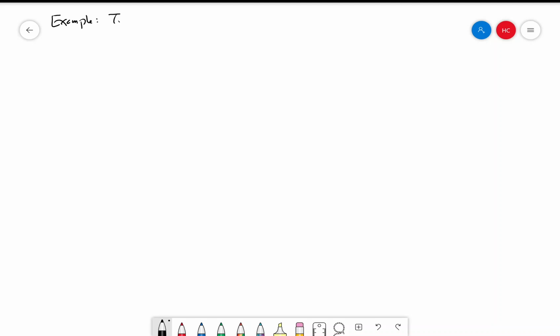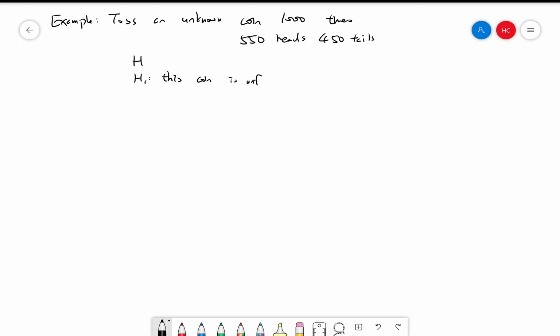If we toss an unknown coin, let's say 1,000 times, and we get 550 heads and 450 tails, and we want to show this coin is not fair. So H1 is this coin is unfair, and H0 is this coin is fair.